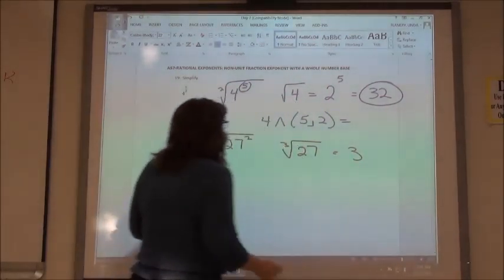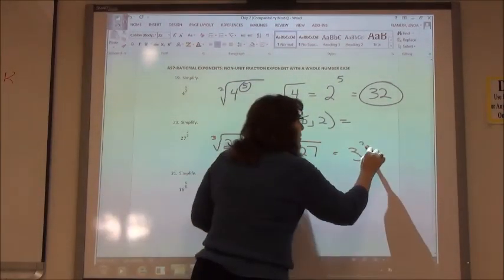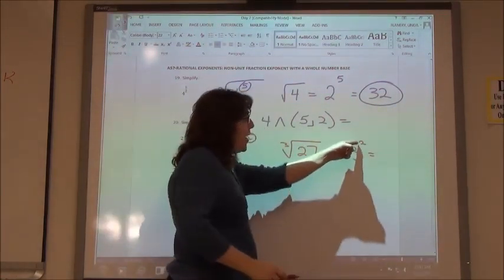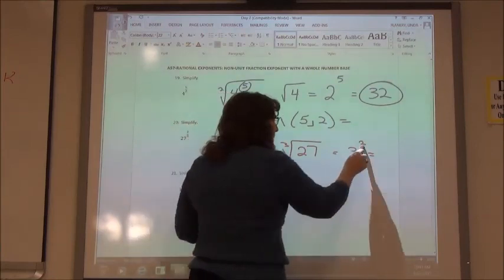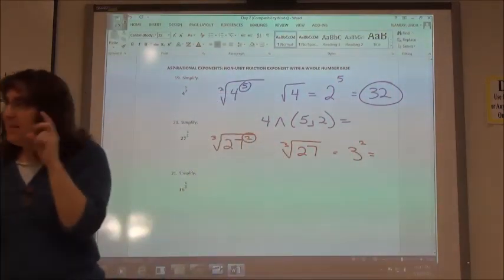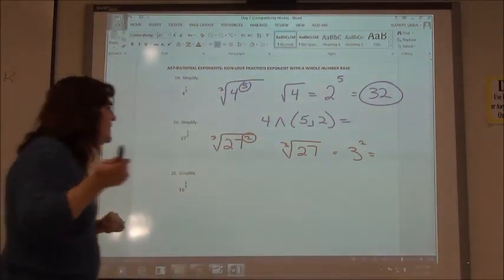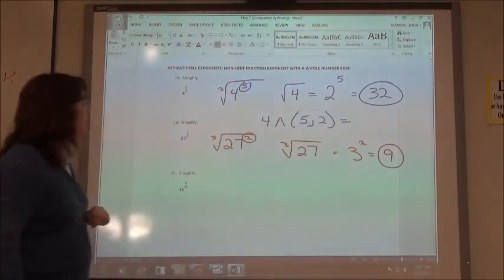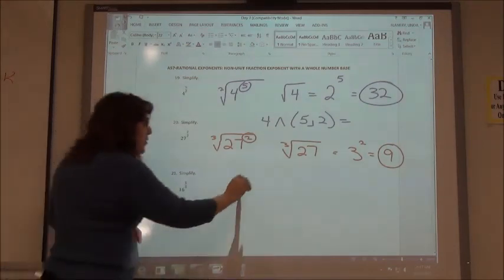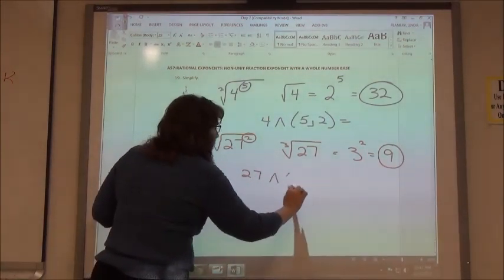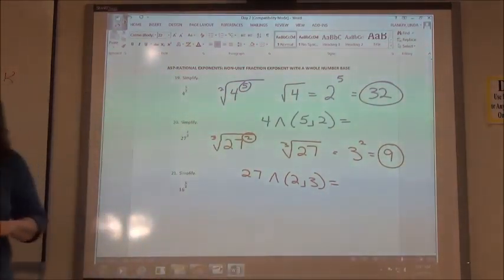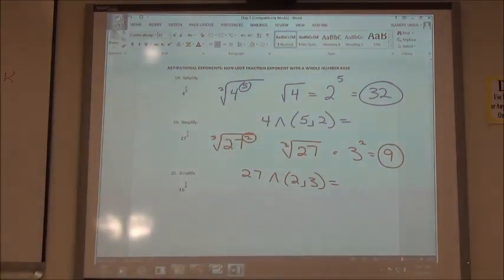So now I'm going to take the 3 and square it. 3 squared, to the second power, 3 times 3, 9. Again, if you wanted to check it, you would do 27 to the 2/3 power, and you should come up with 9, right?